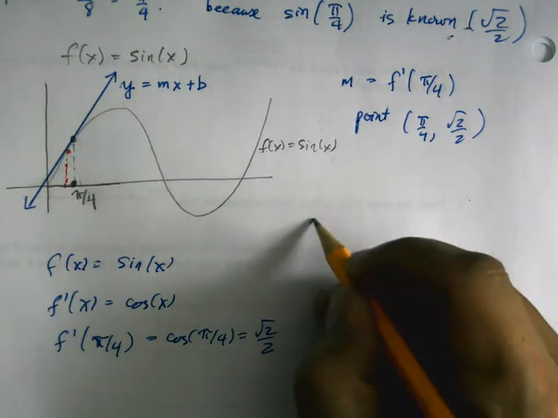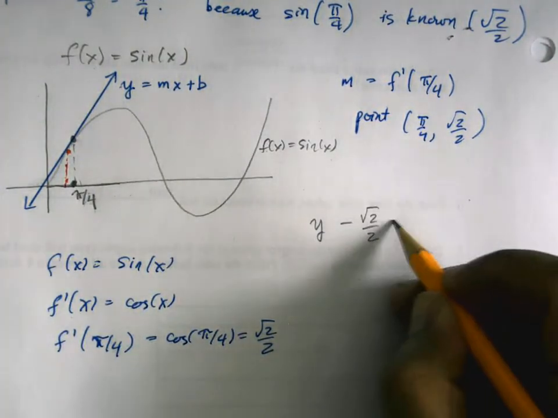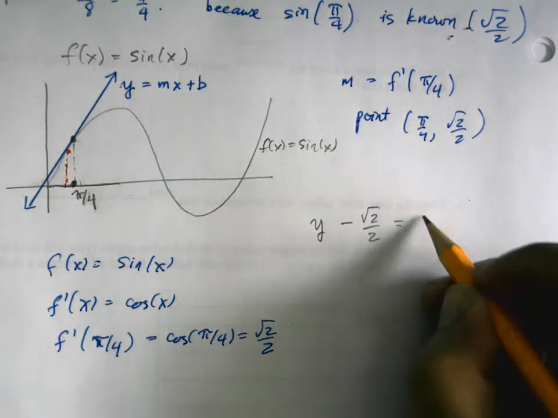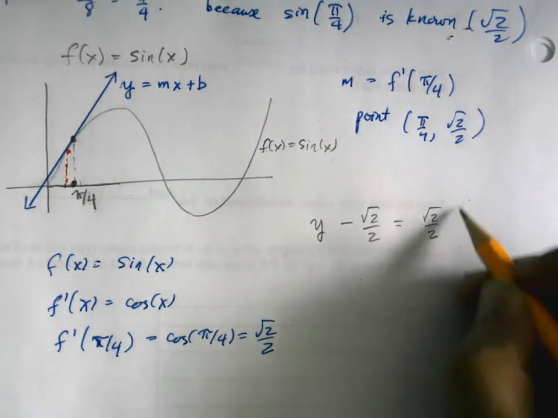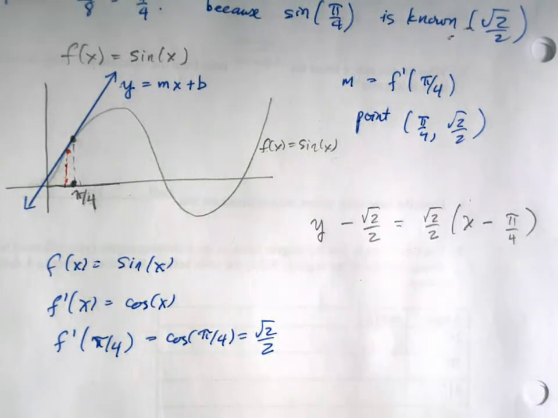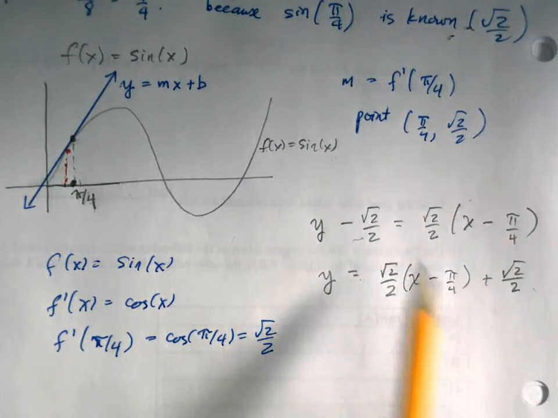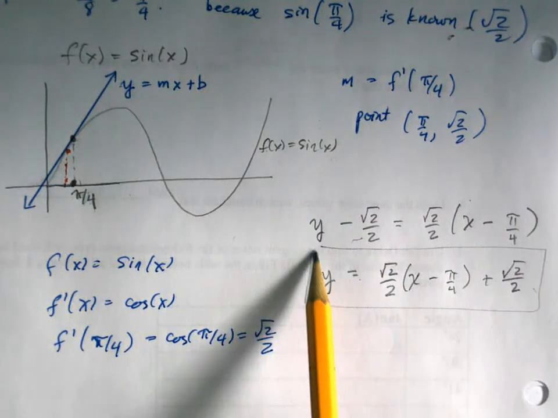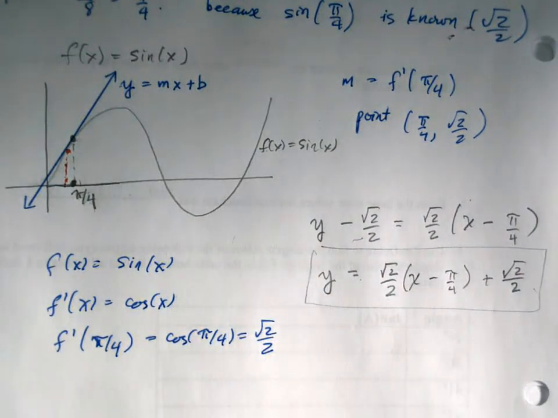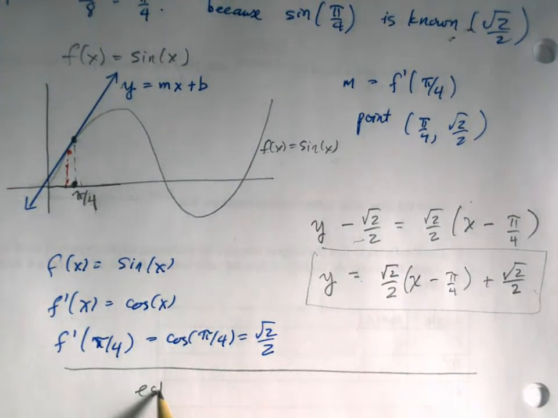Now use point-slope form. y minus root 2 over 2 is equal to the slope, root 2 over 2, times x minus the x value, pi over 4. Doing some simplifying, just bringing root 2 over 2 to the other side, this is the equation of my tangent line. Now we can use that tangent line to make our estimation.